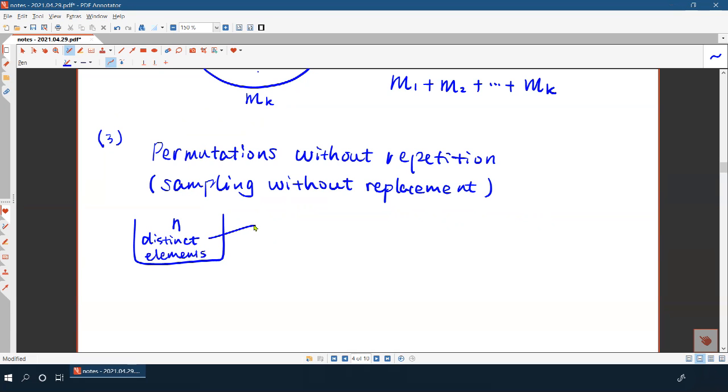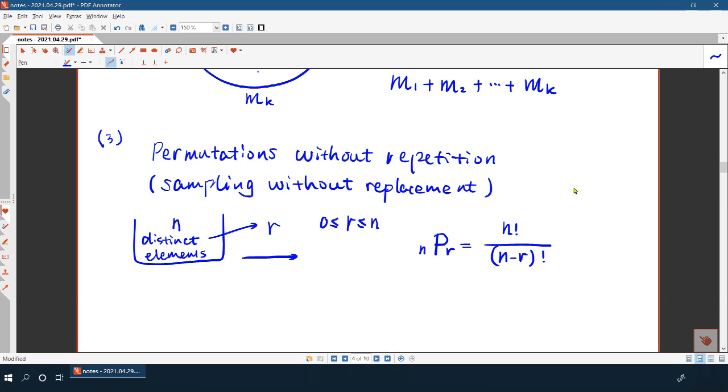The task is to choose r out of n and line them up in an order, right? Note here r is between 0 and n. The total number of ways to do this task is P(n,r). P(n,r) is called permutations without repetition. And P(n,r) can be calculated by n factorial over (n minus r) factorial.